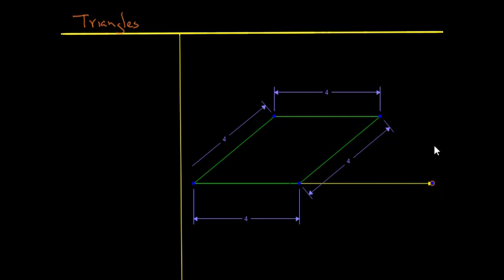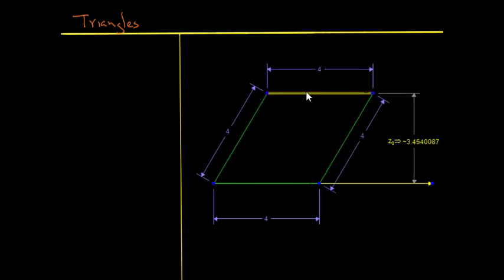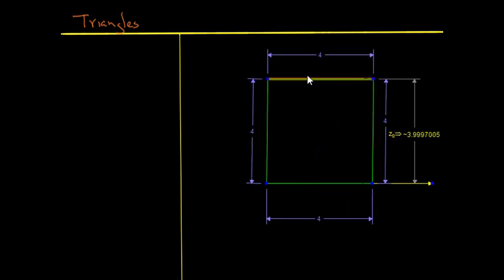And now let's set up the height, or the altitude, from this point to our ray. So now you can see that our height equals 2.57 and some change here. As I begin to increase this, we eventually get back to our 3.999.